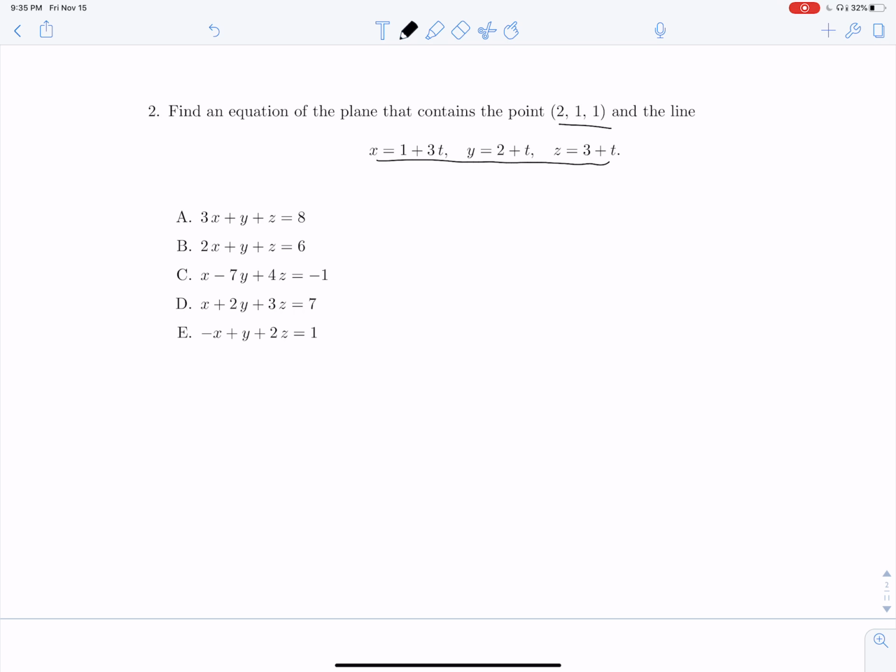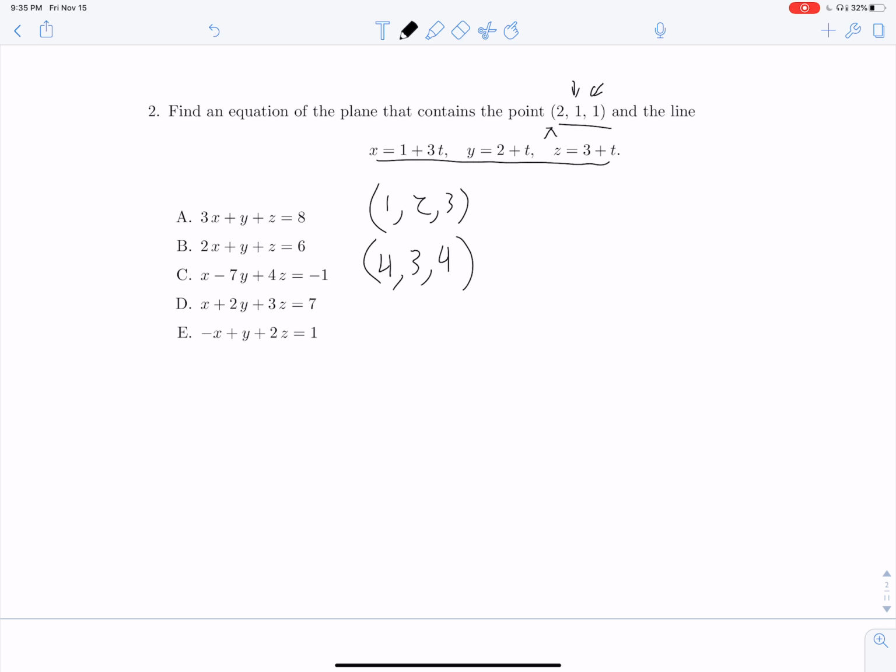So let's do that. Let's set t equal to 0. We get 1, 2, 3 as a point that is on this line, and let's set t equal to 1, and we get 4, 3, 4. But these are points with respect to the origin. Let's make them points with respect to our given point right here.